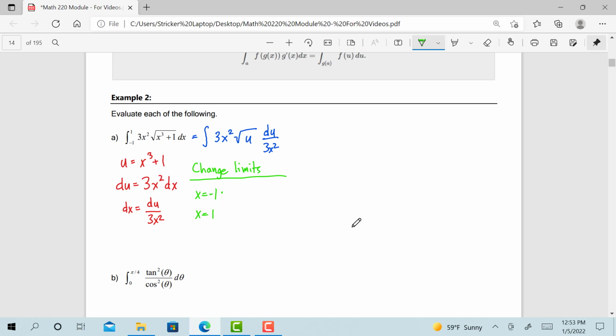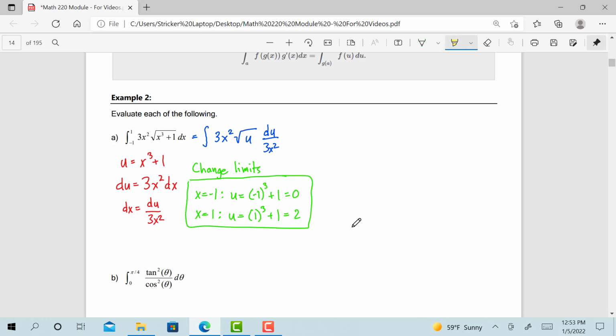We basically just plug those into our function. u is equal to x cubed plus 1. So in this case, when x equals -1, u is equal to -1 cubed plus 1, which is 0. And then in the case of x equals 1, u would be 1 cubed plus 1, which is 2. So that's how we change the limits.